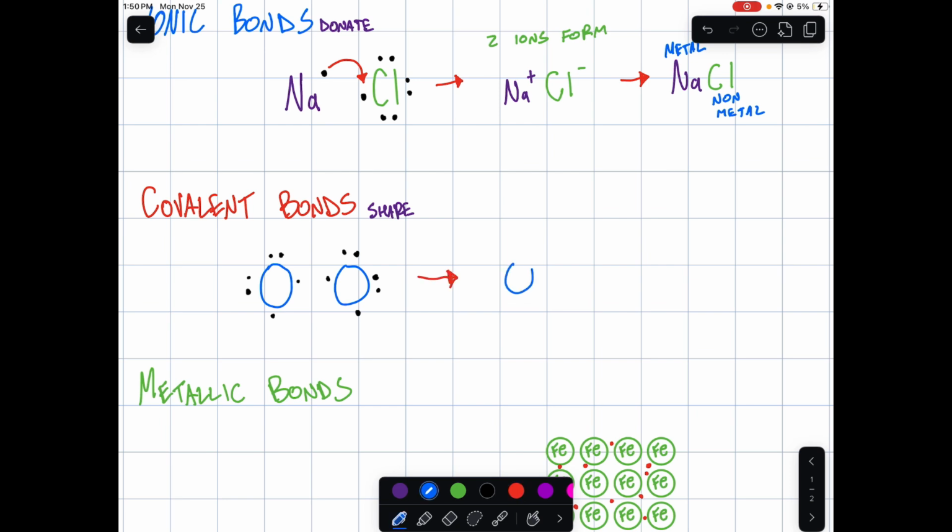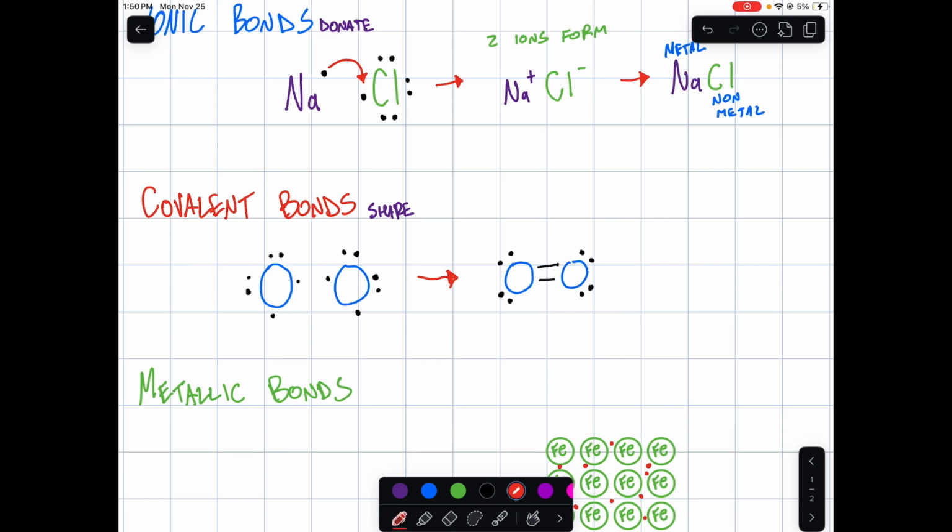Here we have oxygen and oxygen. Put those valence pairs over here. And in between them, we're going to have 2 lines indicating a double bond.